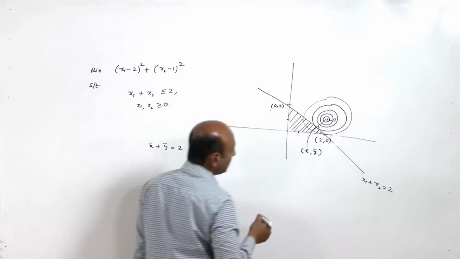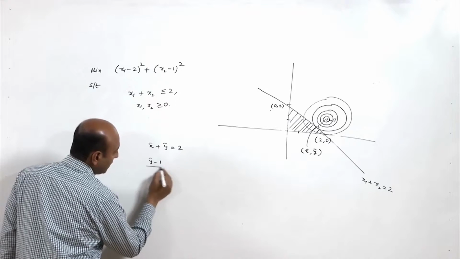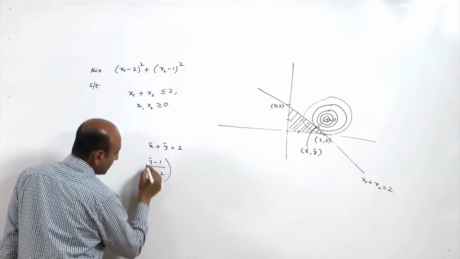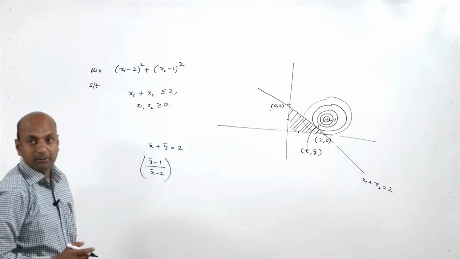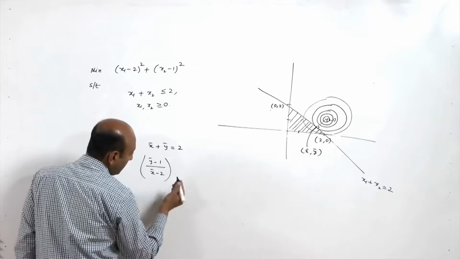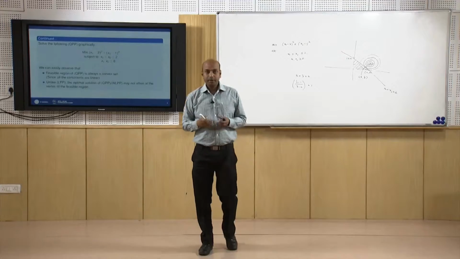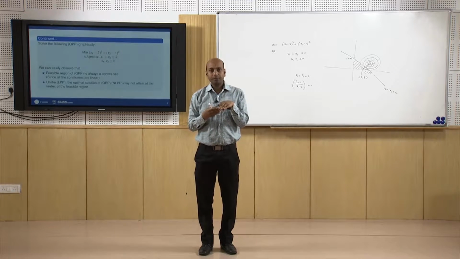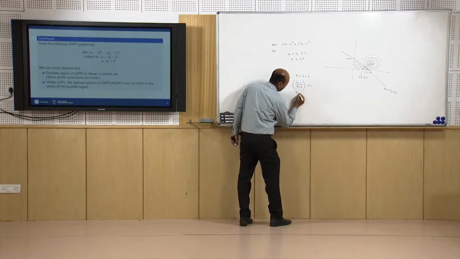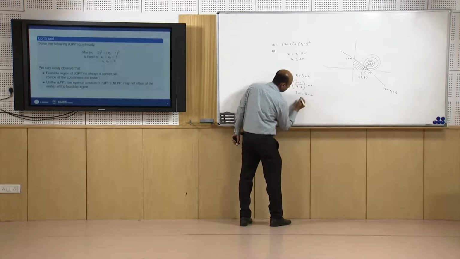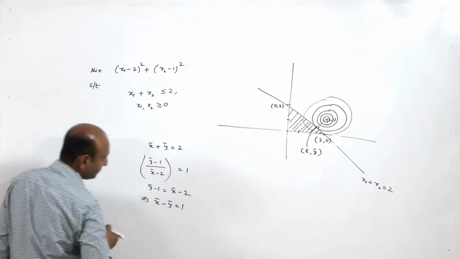The slope of this line will be nothing but (y bar minus 1) upon (x bar minus 2), and the slope of the other line is minus 1, and both are perpendicular. So, this product will be equal to minus 1, okay, because they are negative reciprocals. So, from here what we obtain, y bar minus 1 will be nothing but x bar minus 2, and this implies x bar minus y bar is nothing but 1.